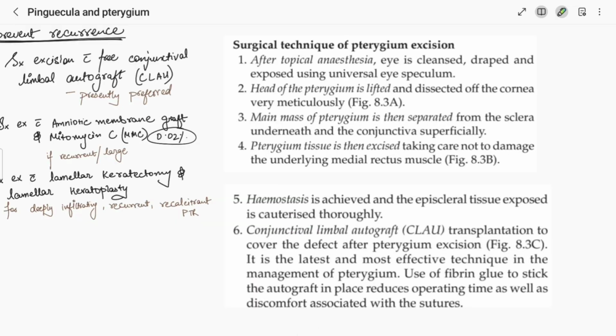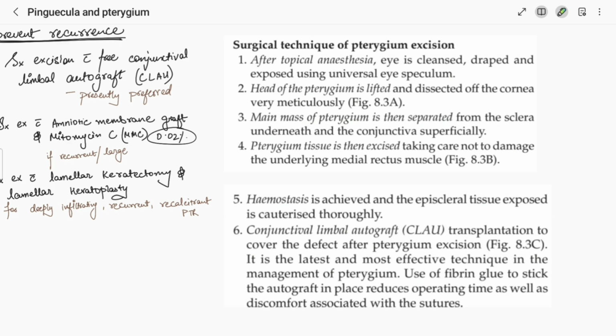Coming on to the surgical technique of pterygium excision. After topical anesthesia, the eye is cleansed, draped, and exposed using a universal eye speculum. Then the head of the pterygium is lifted and dissected off the cornea. Then the main mass of the pterygium is separated from the sclera and the conjunctiva superficially.